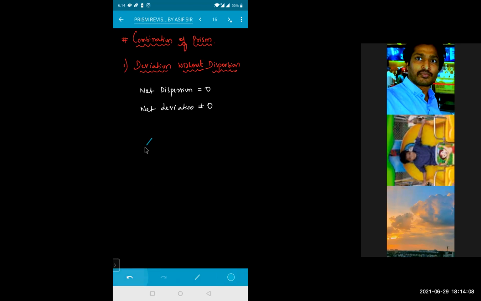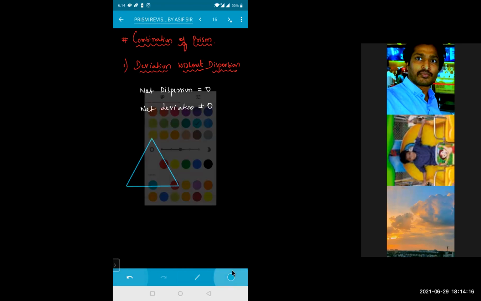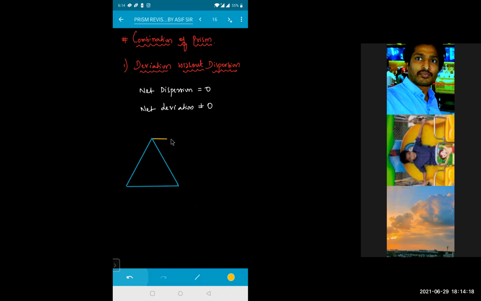So this is a combination of prisms like this, and one more prism somewhere here, like this. This is a combination of two different prisms. This one has a prism angle A, and the other has prism angle A dash.